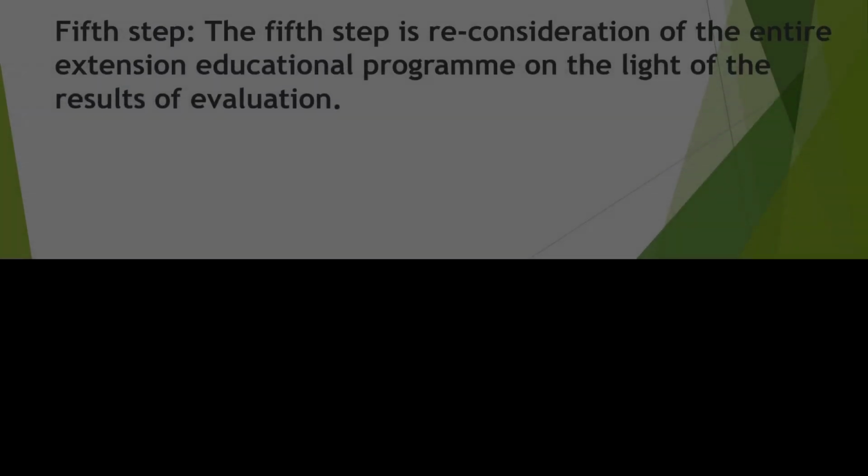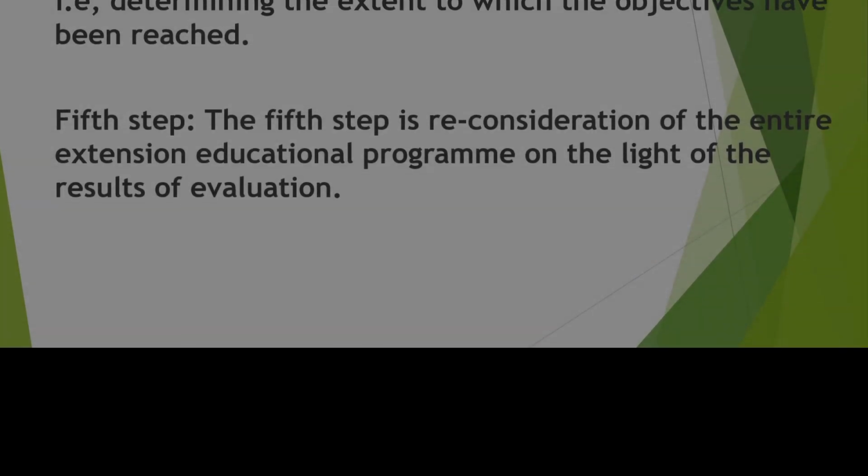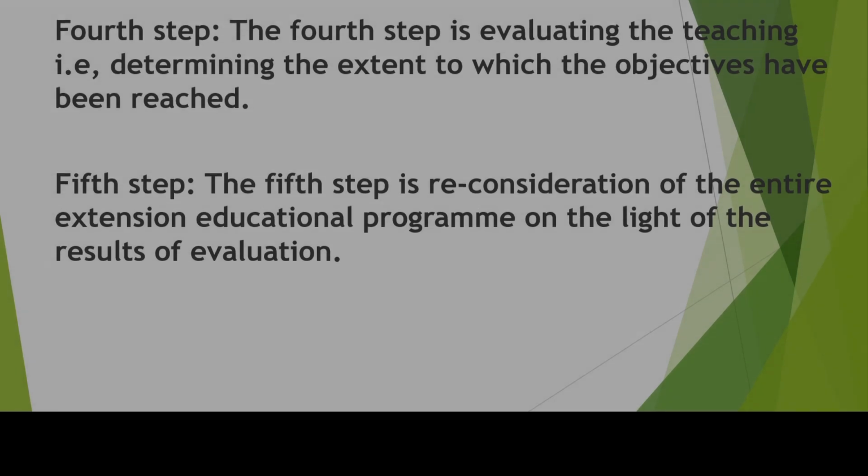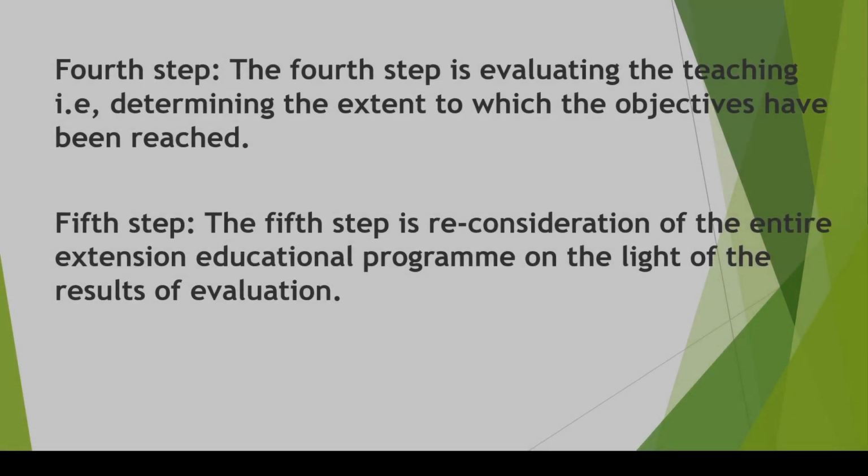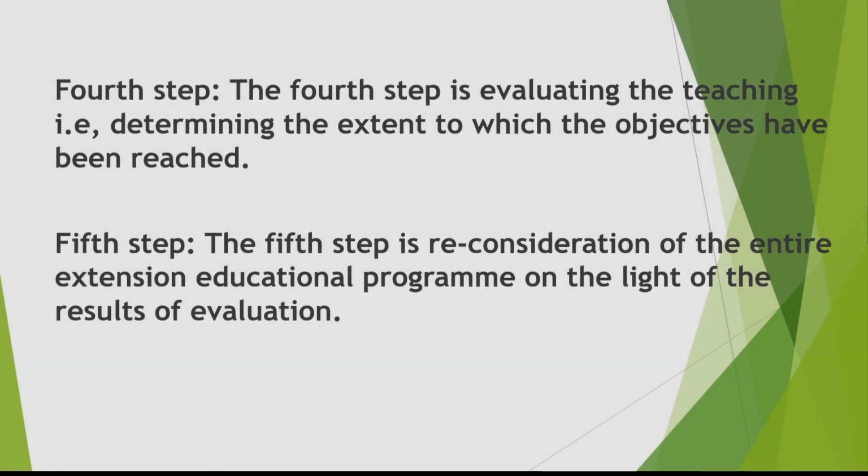And then the fifth step is reconsideration of the entire extension education program in the light of the result of the evaluation. By the time you're done with the evaluation and you look at the outcome of your evaluation, then it may become necessary for you to reconsider the entire process, reconsider the entire program.